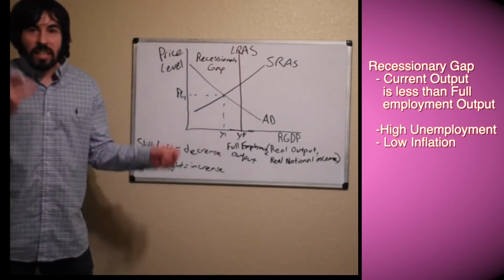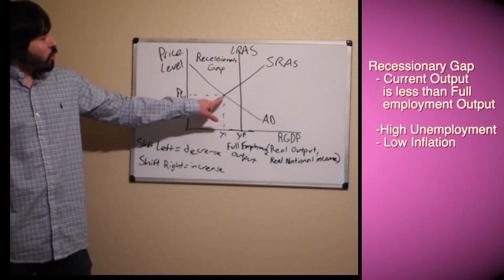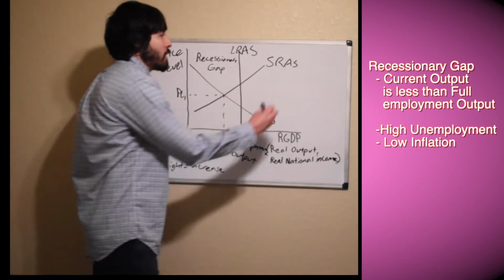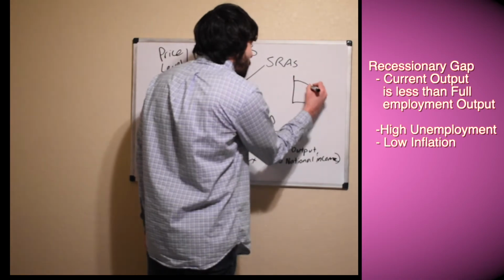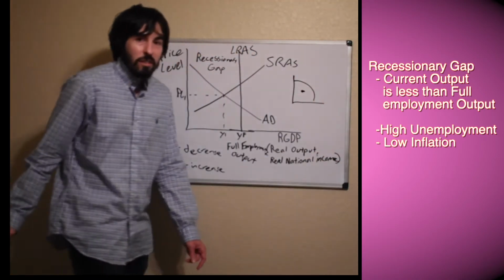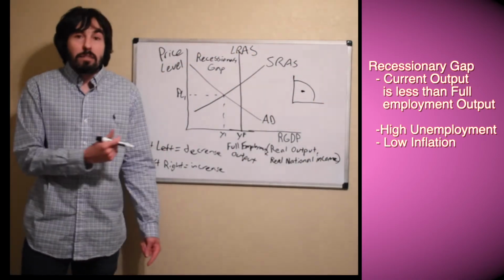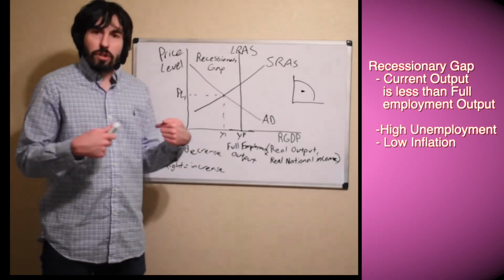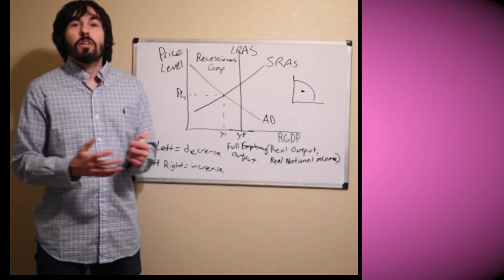On our production possibility curve, it looks like a dot inside the curve. We're going to be having high unemployment, and we'll tend to be having lower inflation. Our price level will probably be lower.